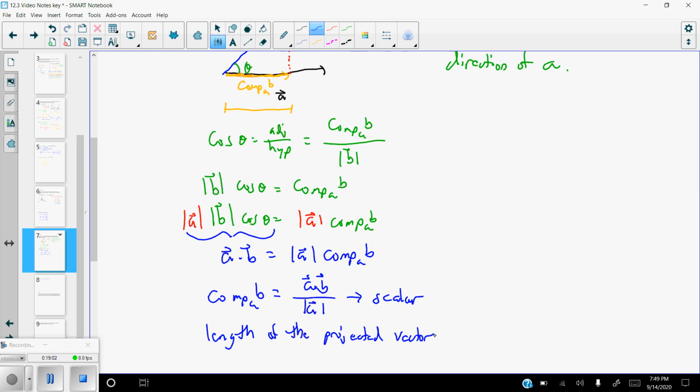That's what we just found. So that vector that we just found is going to be parallel to vector A.